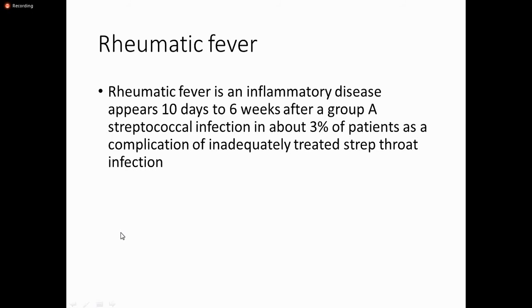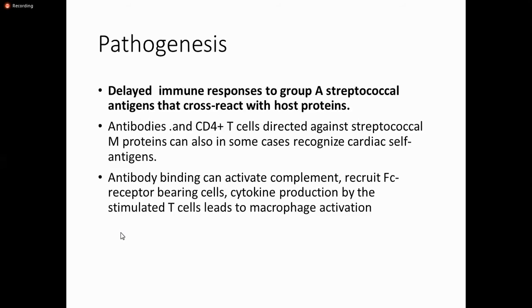So it can appear as a complication of streptococcal pharyngitis and streptococcal skin diseases. Basically, it is a delayed type of immune response to group A streptococcal antigen that cross-reacts with host protein. Antibodies against these antigens and CD4 positive cells, a cell-mediated immune response, develop against the M protein, which is part of the bacterial cell wall, and also recognize cardiac muscle or kidney tissue as self-antigen.